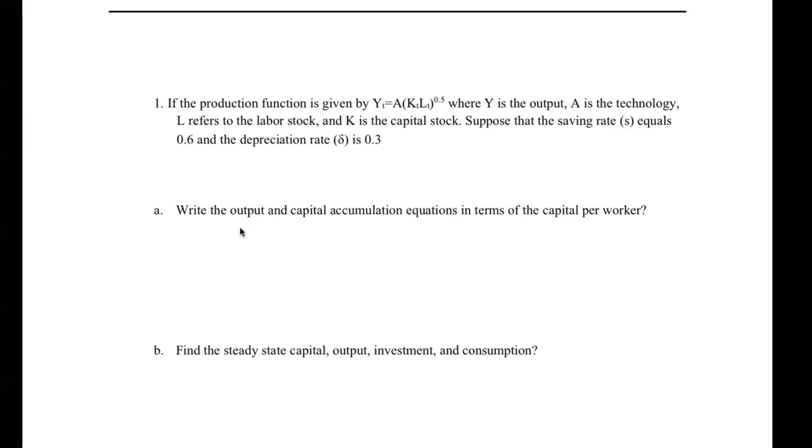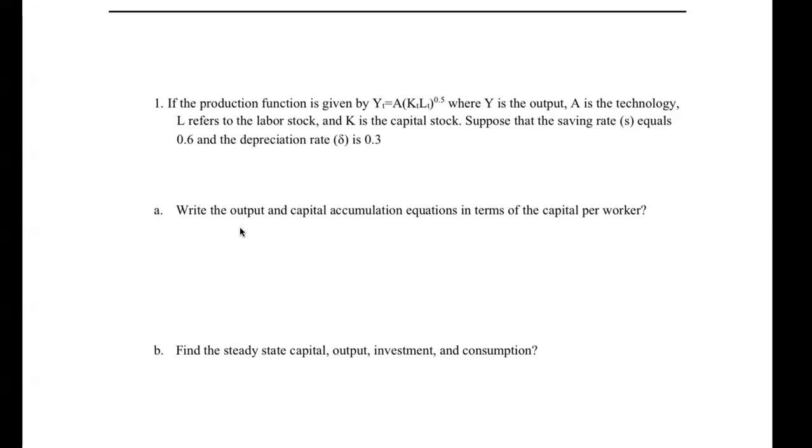Let's rewrite it as A times KT 0.5 LT 0.5, and you want to have output per worker and capital per worker, right? So you just divide by LT for both hand sides.